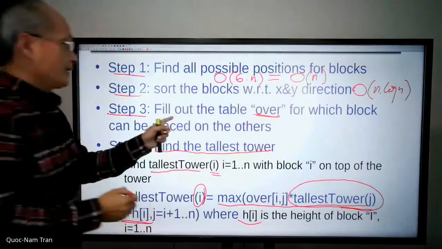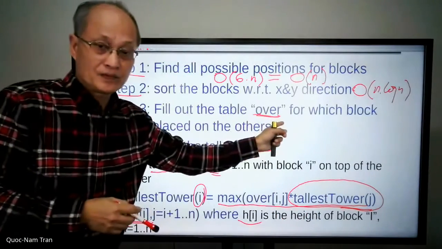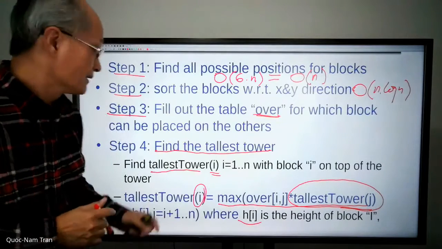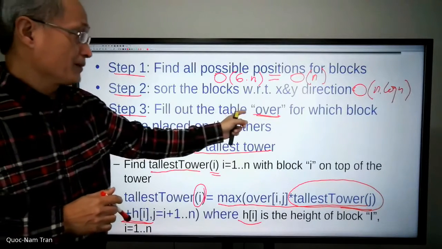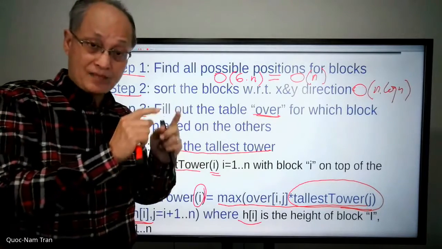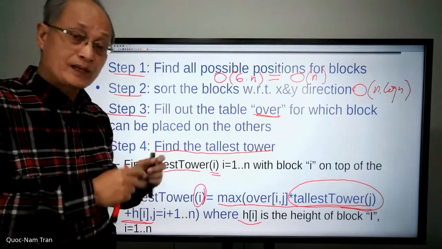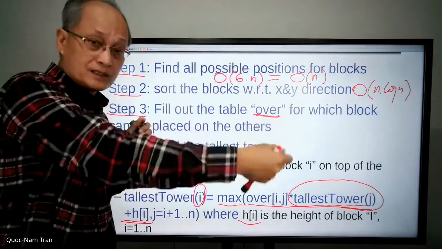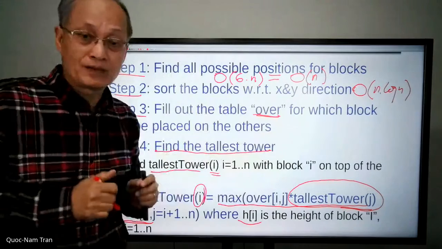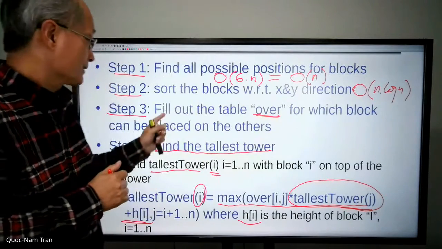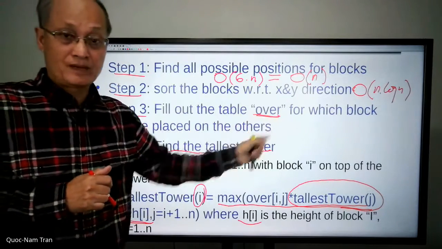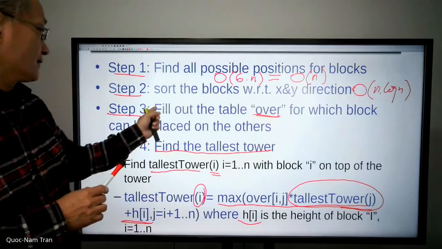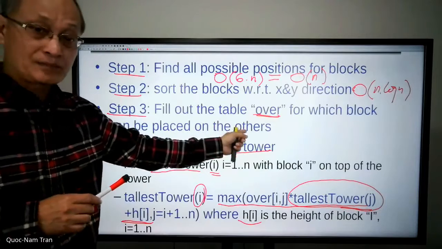Okay. Fill out the table over. What would be the cost? Remember that we have a table over to find out whether or not block I can be placed on top of block J. So what would be the cost for step 3?